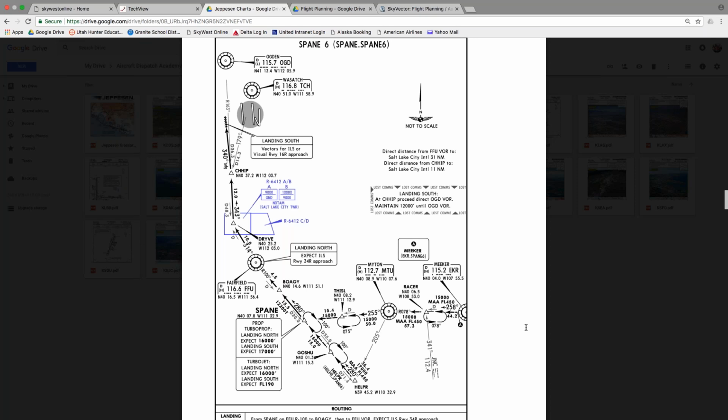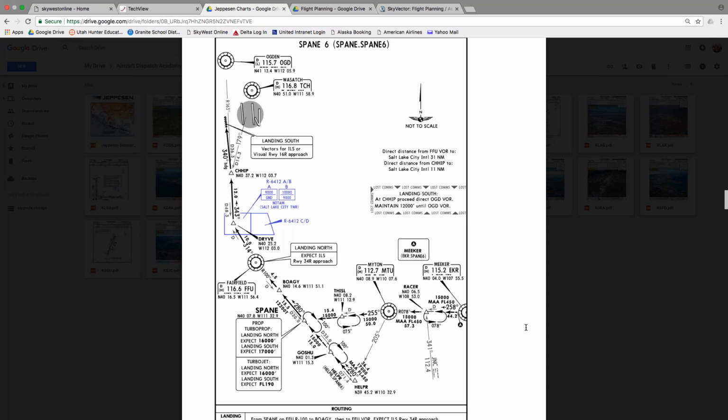Okay, 11.6 past Thistle. Or 11.6 to Thistle, right? Yeah, because you're working backwards, right? So your top of descent will be right in here, 11.6, about 40. Yeah, this one.